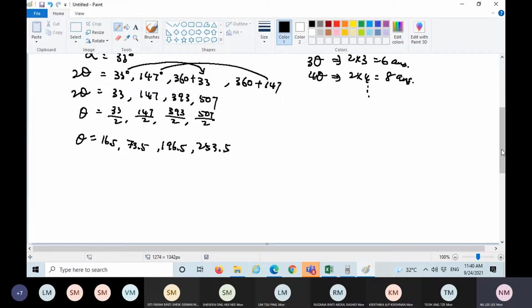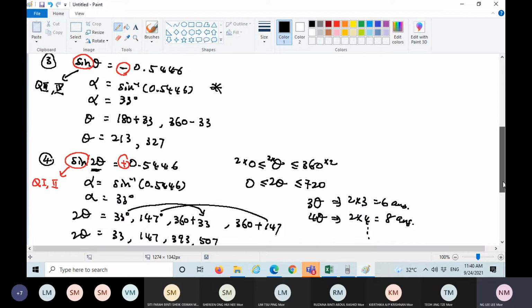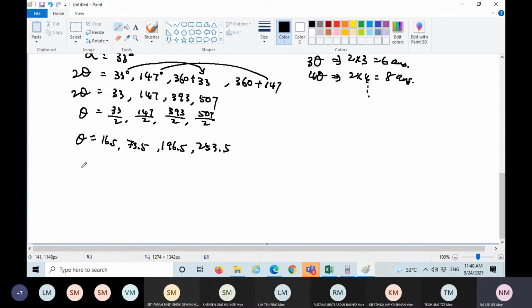This is my example 5. Your textbook question B is cos 2 theta. Just now you dealt with sine, now we come to cos. Same thing. Theta is from 0 to 360, therefore 2 theta is from 0 to 720.